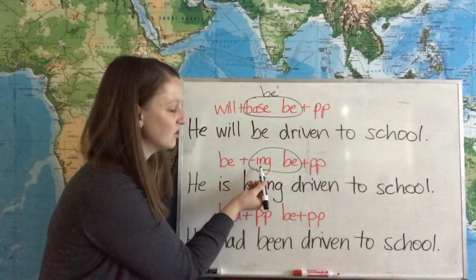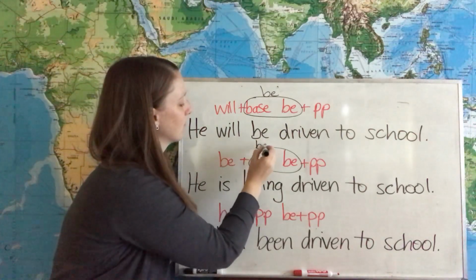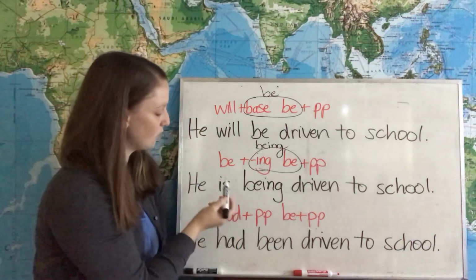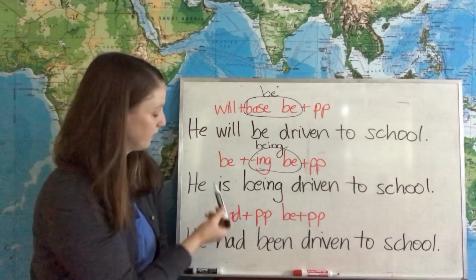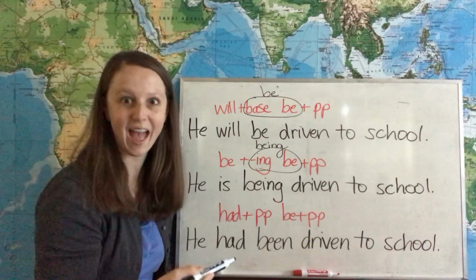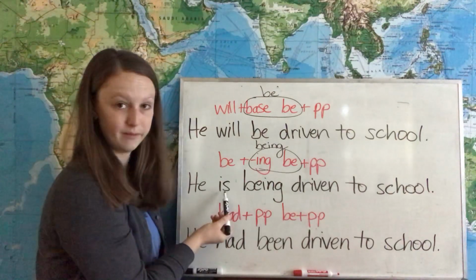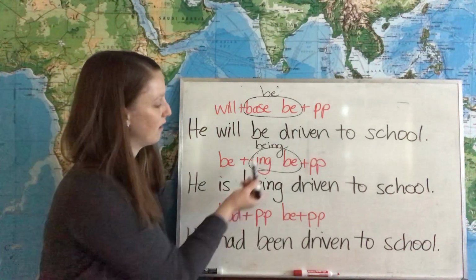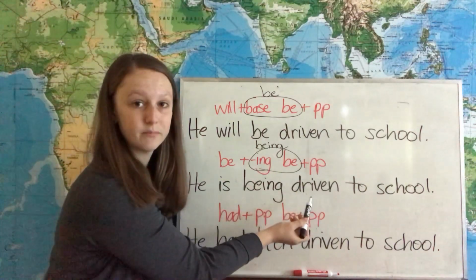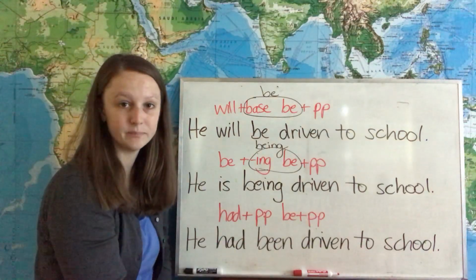What is the ing form of be verb? Being. So our present progressive sentence will be, he is being driven to school right now. We have our be verb, our present be verb is being, and our past participle driven. So this is the passive form of present progressive.